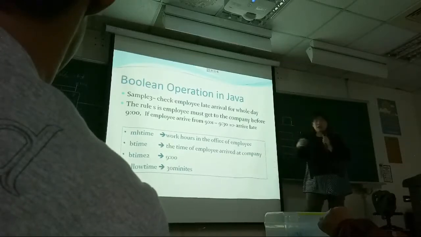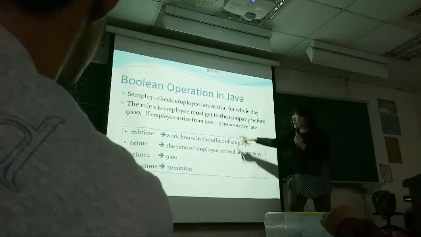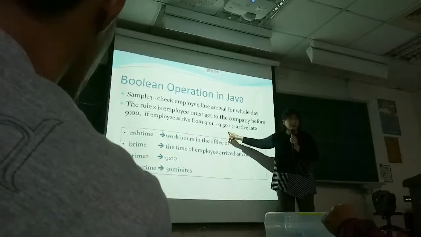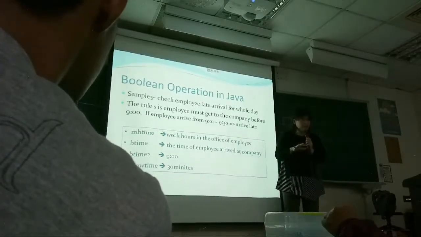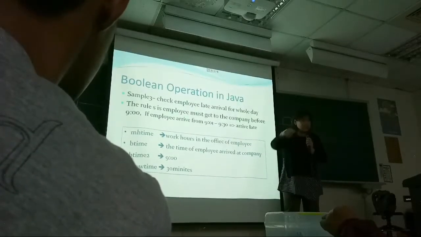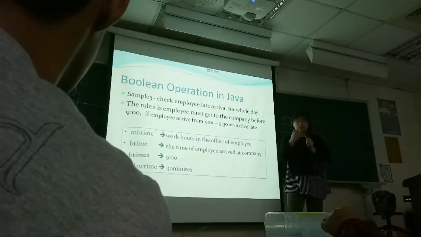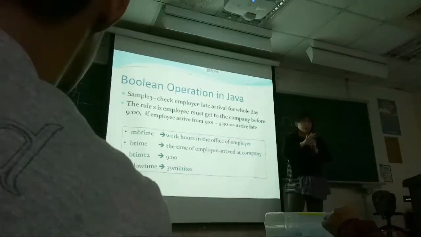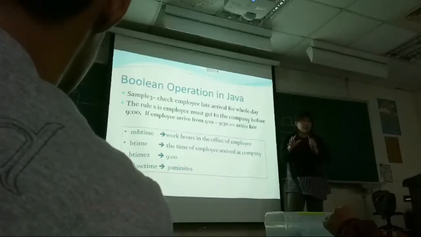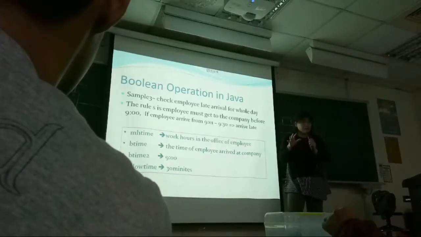If you beep the sign card and get 9:31, then you must fill in a leave petition. It means you are not allowed to go in at an invalid time.